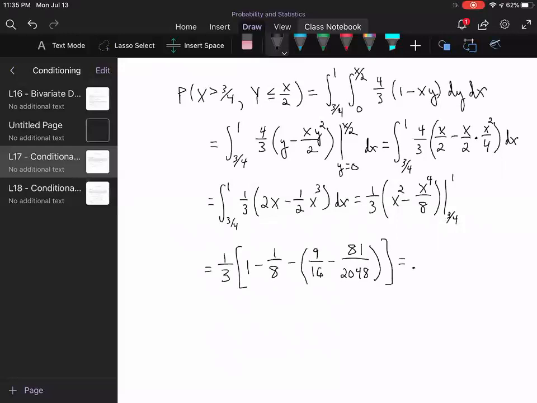So this is about 0.11735. And specifically, if you wanted an exact fraction, that's what it equals.